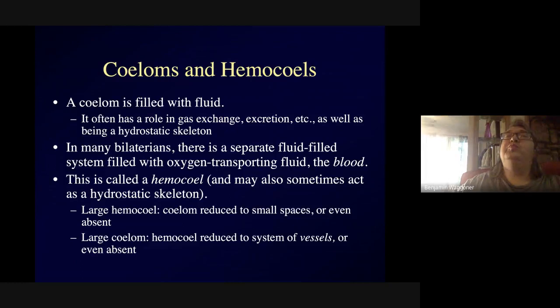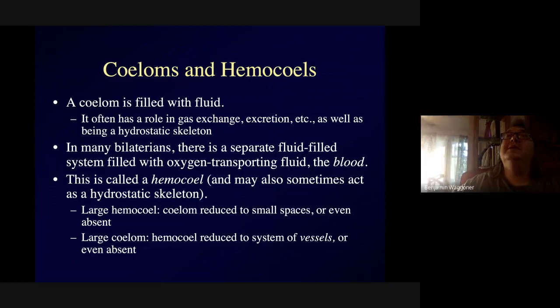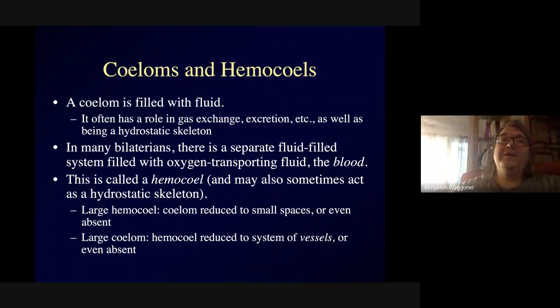All right, I'm trying to think of an obvious example that might not be potentially bothersome. Oh, what the heck, we're all grown-ups here. The erectile tissues of the penis are an example of a hydrostatic skeleton that's connected to the hemocoel.